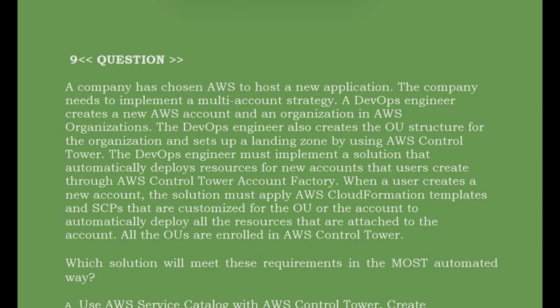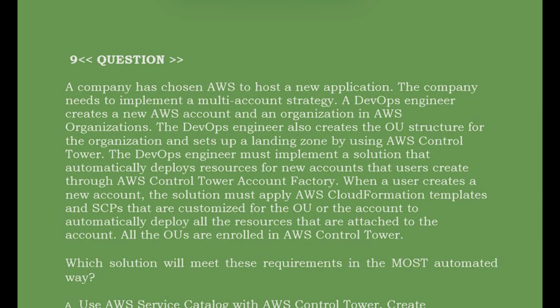The DevOps engineer also creates the OU structure for the organization and sets up a landing zone by using AWS Control Tower. The DevOps engineer must implement a solution that automatically deploys resources for new accounts that users create through AWS Control Tower Account Factory.